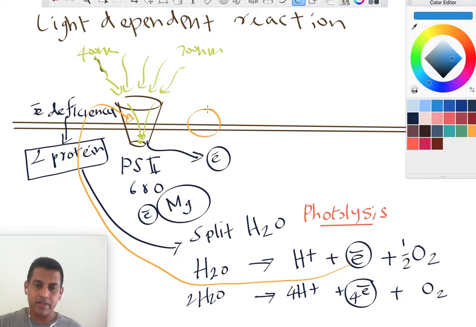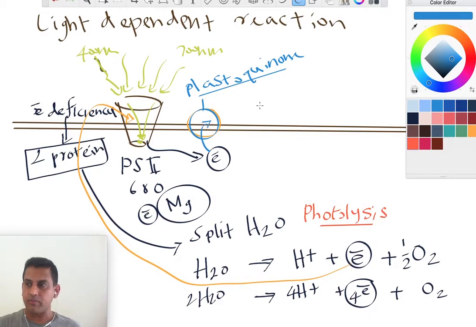And now the electrons which move out from this photosystem go to the protein complexes located in the thylakoid membrane. The first protein complex located in the membrane is called plastoquinone. So the electron is now going to the plastoquinone complex. After that, the electron moves to the next complex, cytochrome.